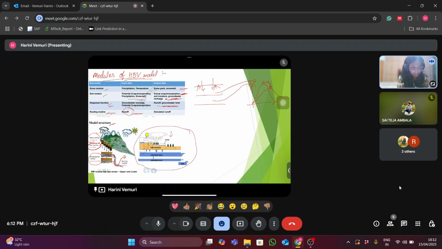Based on the precipitation and temperature, we will know the snow cover, snow melt, everything, and based on that, how much moisture is getting infiltrated into the upper layers of the soil, and then it will go to the saturated zones like the groundwater table, how much of it is recharging, and the fluctuations of the groundwater table. And from there, the base flow is also occurring, which is finally contributing to the lakes, storage structures or rivers where the stream flow is occurring.